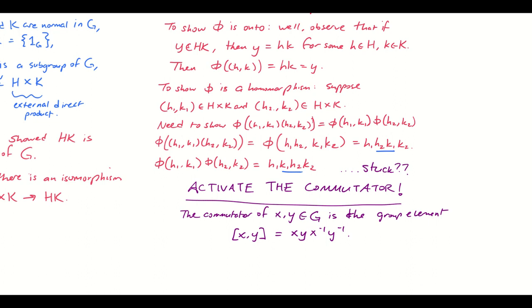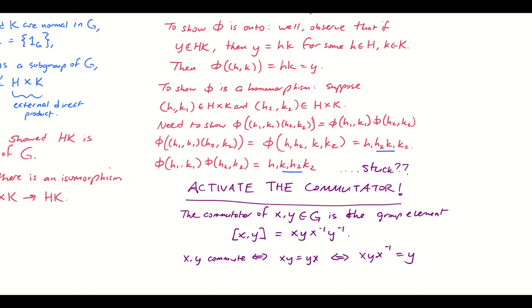x and y commute if and only if the commutator of x and y is the identity. x and y commute if and only if xy equals yx, which is true if and only if, well, let's just multiply both sides on the right by x inverse. That means x y x inverse is equal to y, and you could reverse that step as well.